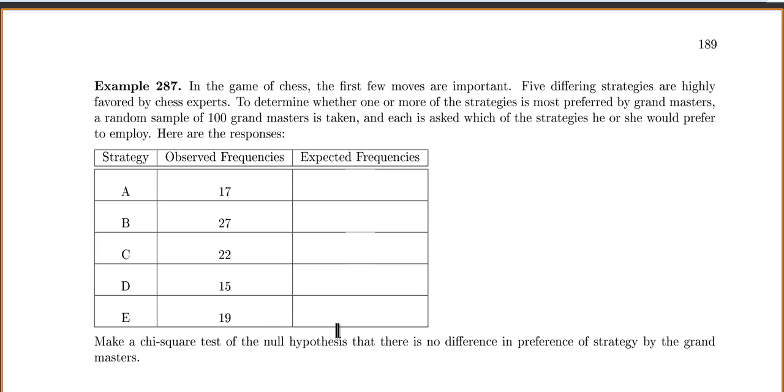And we want to make a chi-square test of the null hypothesis that there's no difference in preference of strategy by the grandmasters. Okay, notice once again here, it doesn't seem like there's 2 different variables that we're wondering if they affect each other. Instead, to me, it seems like they're asking, are these strategies equally likely?